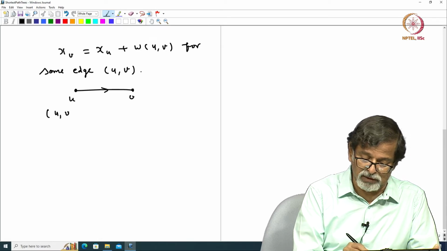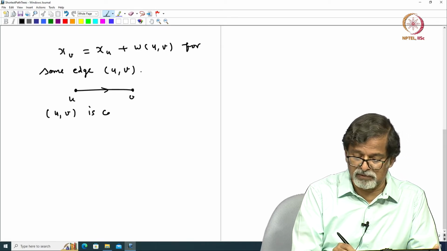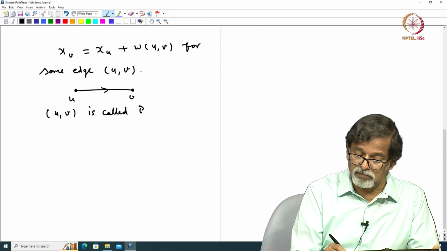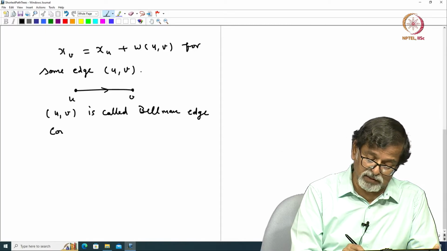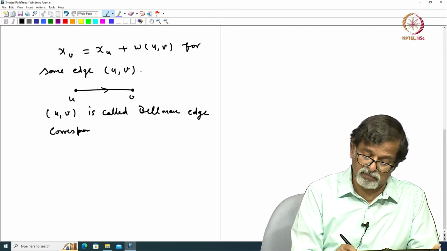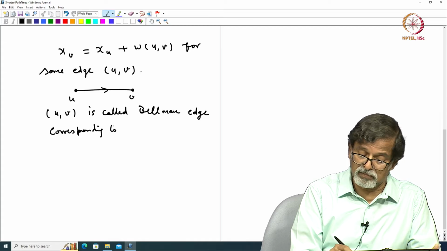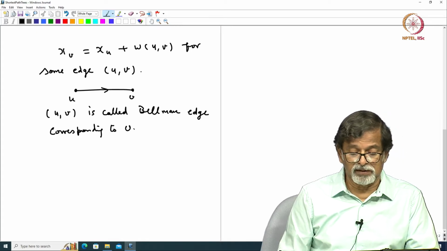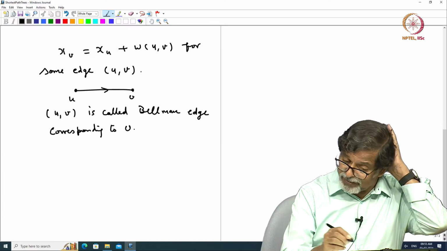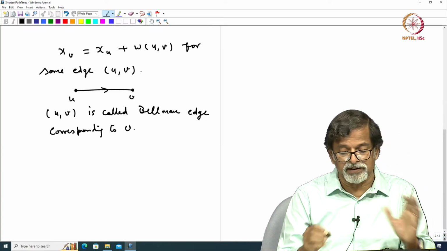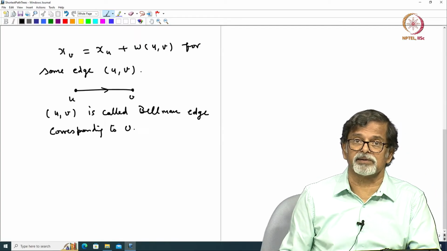This uv is called Bellman edge corresponding to v. Okay. In the solution, there is an edge that is ending at v, and that edge is called Bellman edge.